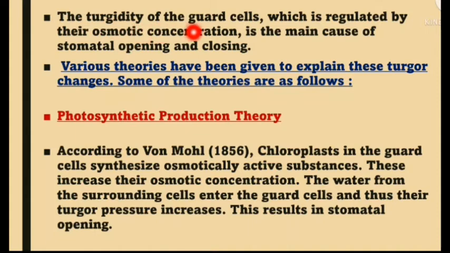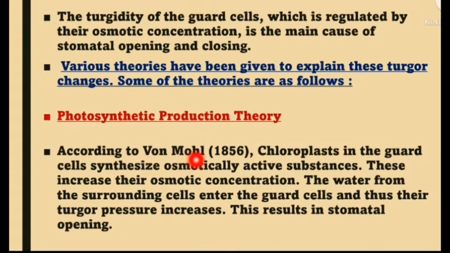The turgidity of guard cells, which is regulated by their osmotic concentration, is the main cause of stomatal opening and closing. Various theories have been given to explain these turgor changes. Some of the theories are as follows. First one is the photosynthetic production theory.